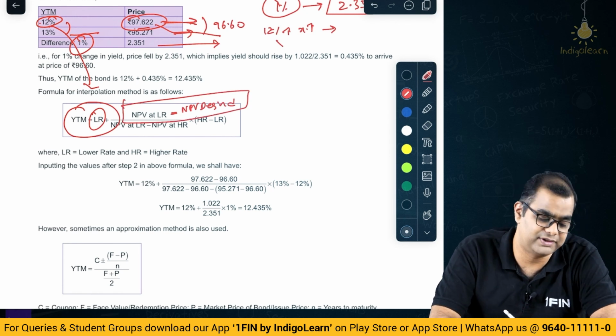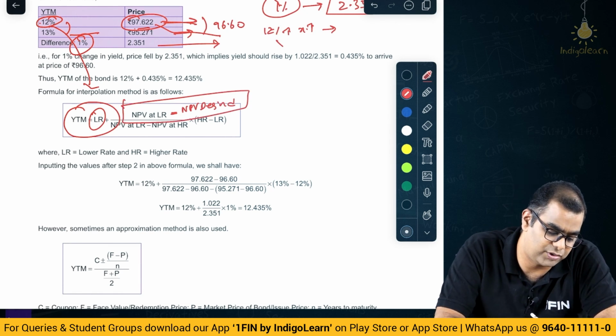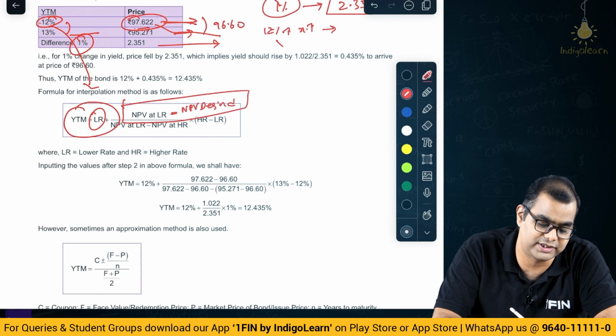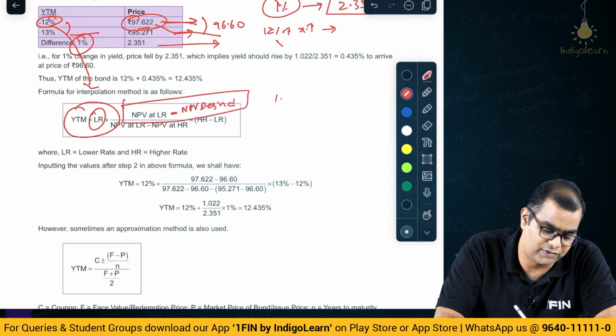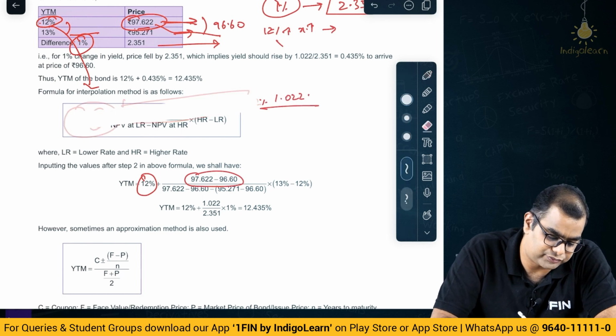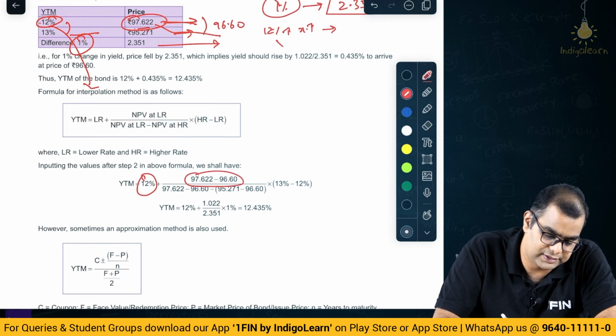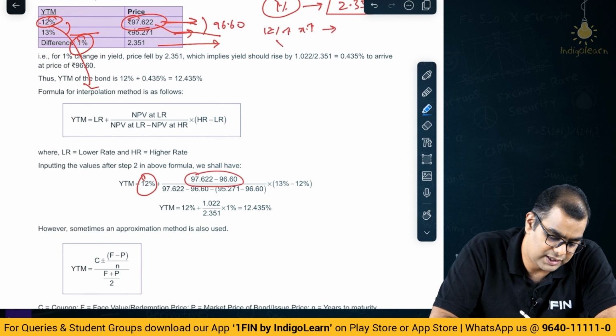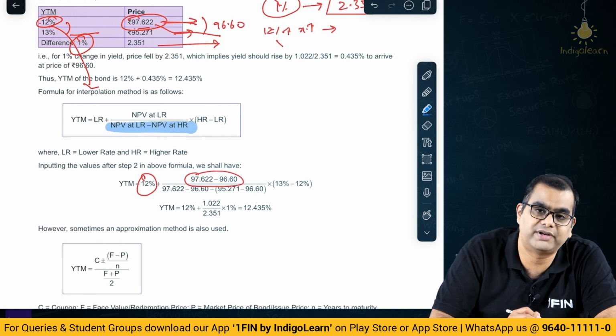NPV at lower rate, 97.622, minus 96.6, which basically will give you 1.022, right? So lower rate, which is 12%, plus 97.622 minus 96.6, divided by NPV at lower rate minus NPV at higher rate.